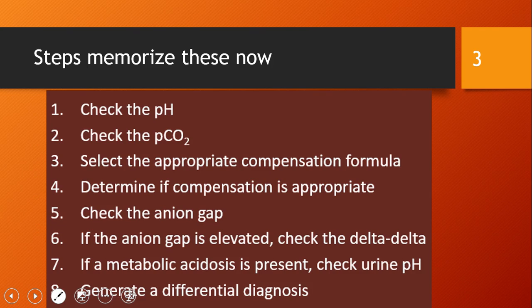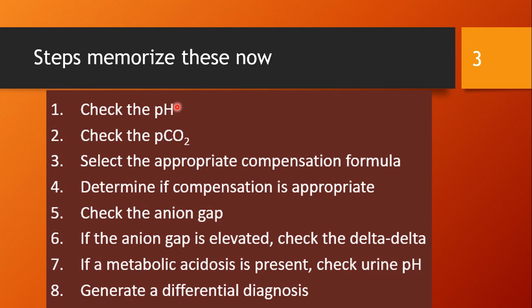Now here are the steps, and you will need to memorize these steps. These steps are important, and I'll talk through them real quick. First thing you do is check the pH. If the pH is less than 7.4, I think it's really less than 7.35, you're dealing with some sort of acid disorder.